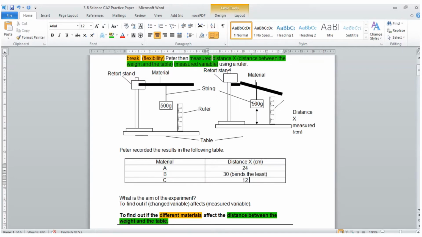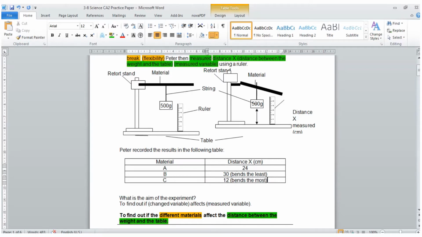Now look at material C. Material C, the distance between the weight and the table is very, very short. So that would mean that the weight is all the way down here, which means that the material has bent the most. So we know that here it means that it bends the most.